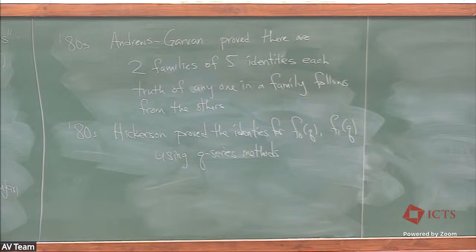But if the Mock theta functions really live in some structural modular world, then really there should be a conceptual proof of these identities that really is a modular forms proof. So there's question 4.